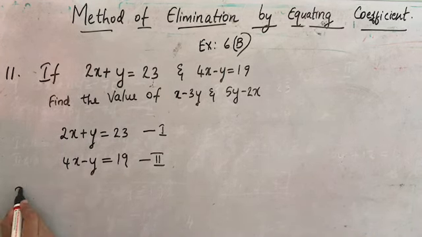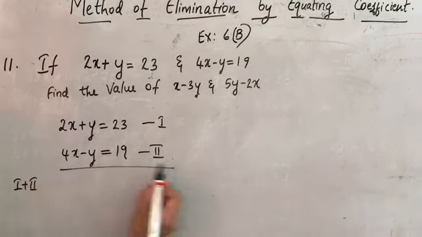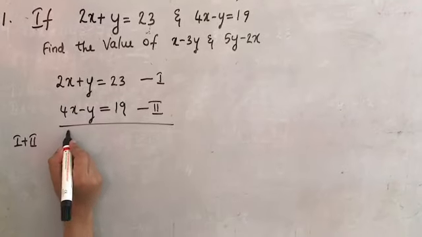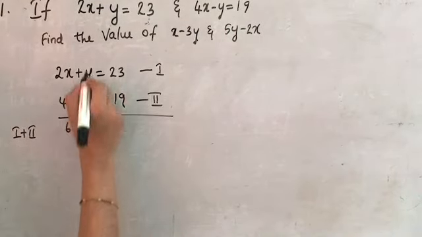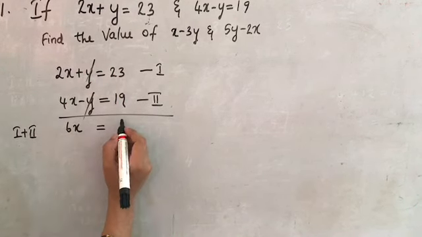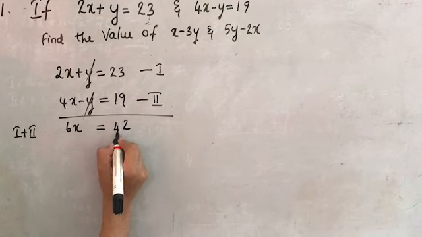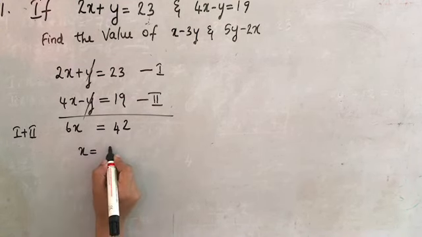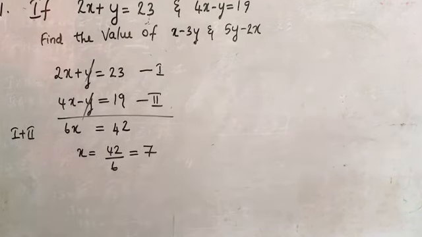So if you do equation 1 plus 2, what do you get? 2x plus 4x is 6x, plus y minus y, that is y gets cancelled. 23 plus 19 gives you 42. X equals 42 by 6, that is equal to 7. So you got the value of x.